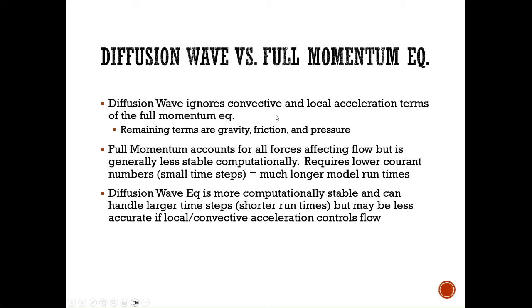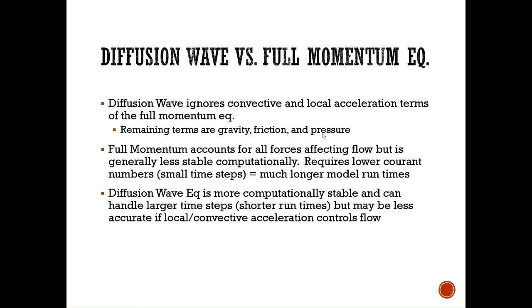So really the only remaining terms in your equation for the diffusion wave are the gravity term, the friction term, and the pressure term. The full momentum equation will really account for all the forces affecting the flow, but is generally going to be less stable computationally.